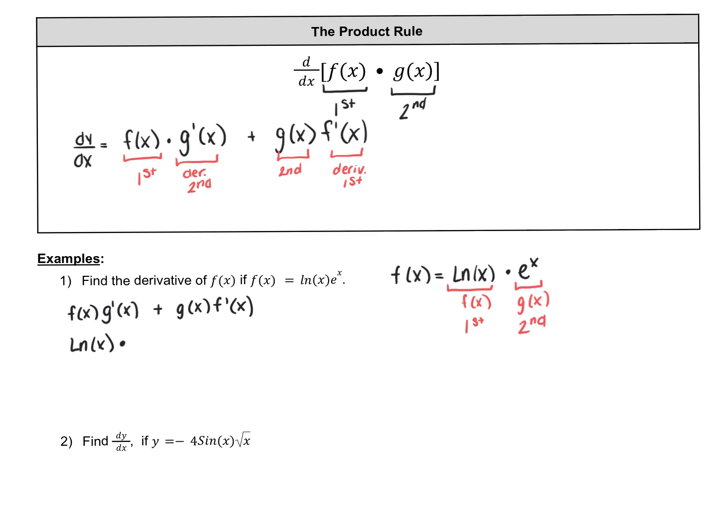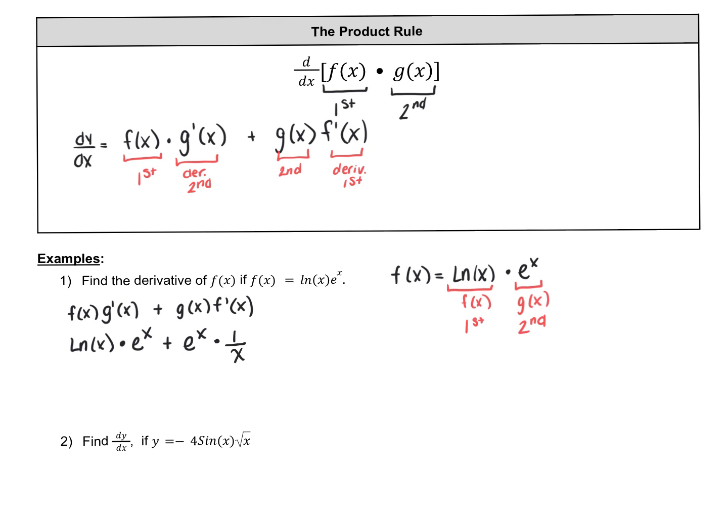So we know that the derivative of e to the x is just e to the x. It's the same thing, plus g of x, which is this e to the x again, times f prime of x. And f prime of x is the derivative of the first, derivative of ln. So we should remember that the derivative of ln is simply 1 over x.